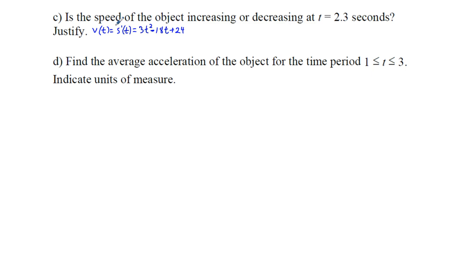Next, C, is the speed of the object increasing or decreasing at t equals 2.3 seconds? Well, to do that, I'm going to take our a of t equals 6t minus 18. Okay, and we have v of t, well, we already have this up here, equals 3t squared minus 18t plus 24.